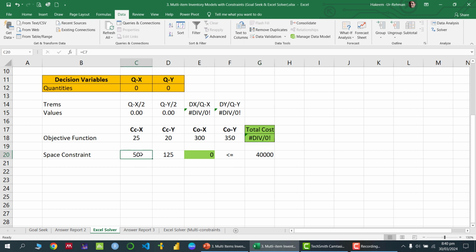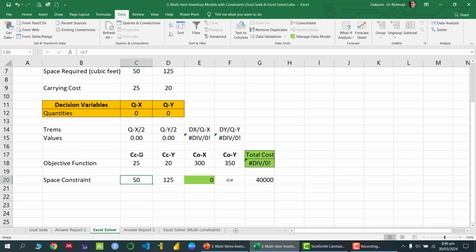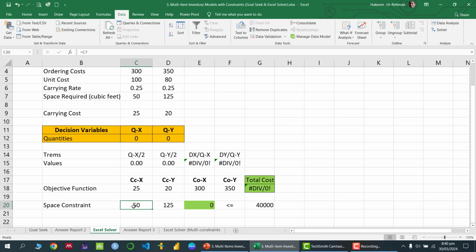And then after that, we are mentioning the space requirement for product X. The space requirement for product X, we are saying that this should be equal to this one. This should be equal to this one. And over here, we are going to apply the formula for the total space we are utilizing. So again, for that, we are going to use equal SUMPRODUCT.